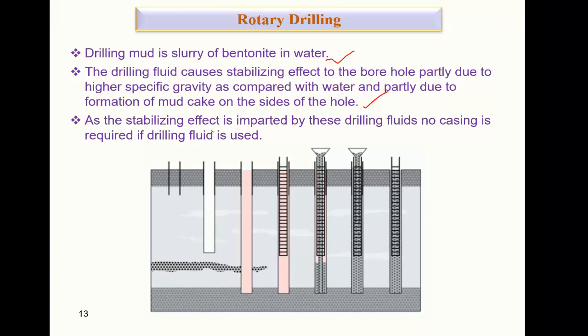As the stabilizing effect is imparted by the drilling fluid, no casing is required if drilling fluid is used, even with loose sand. For this I can give you one demo video, which may make your concept clearer.